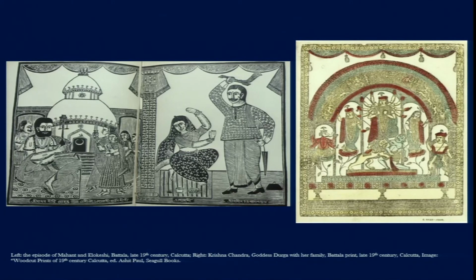This kind of prints would be used as souvenir items, and people who would visit Calcutta and particular religious sites would probably collect them, take them to their homes and have them on their walls. Something that we do today with the calendars, these are the early versions of those kind of practices we can think about in the 19th century.